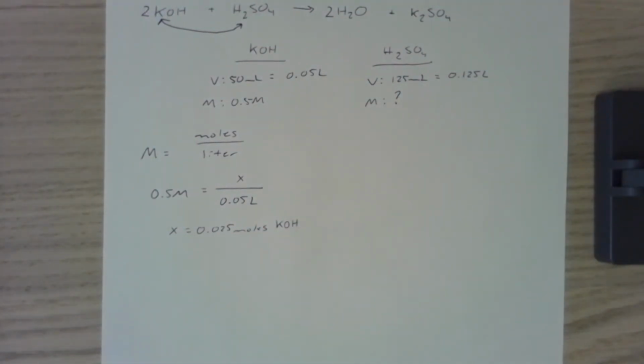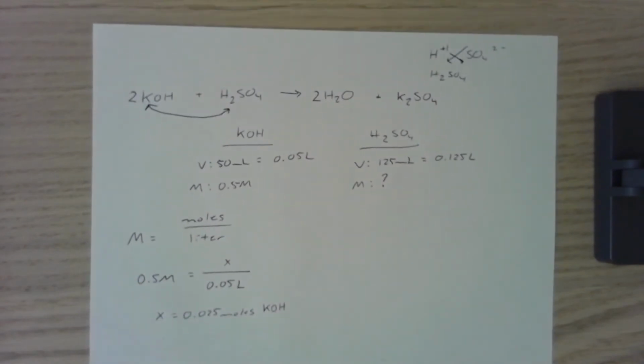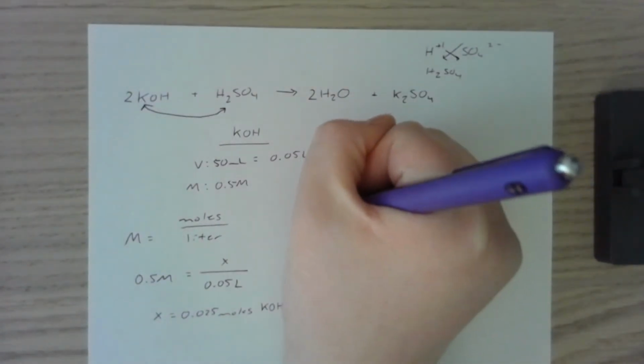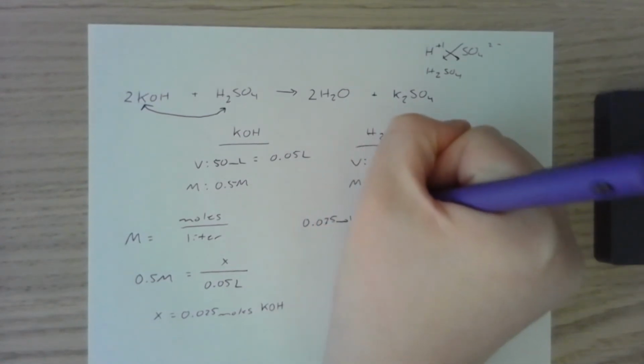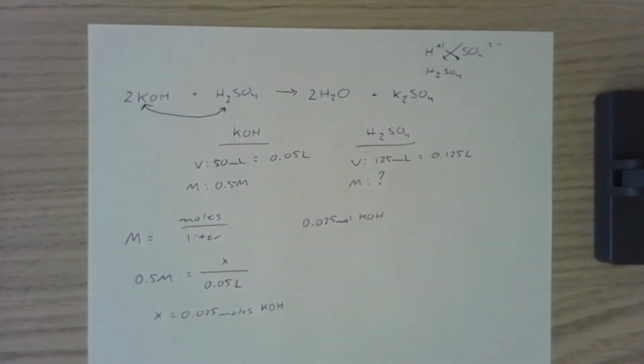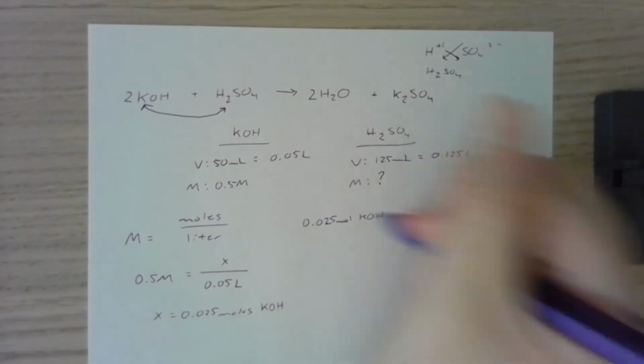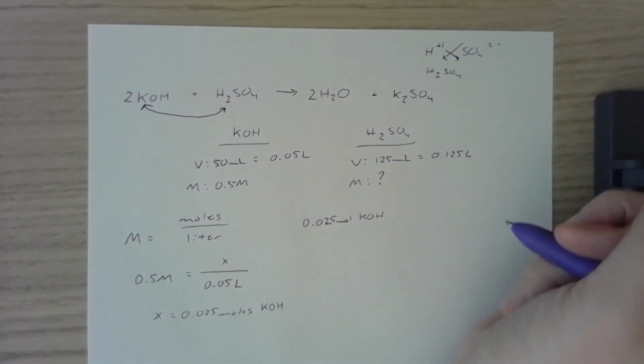So I'm trying to figure out the concentration of this H2SO4, so I want to move away from KOH and move into H2SO4. So I'm going to use a little bit of stoich to help me do this. So I know I've got 0.025 moles of KOH, and I want to know how many moles of H2SO4 that is.